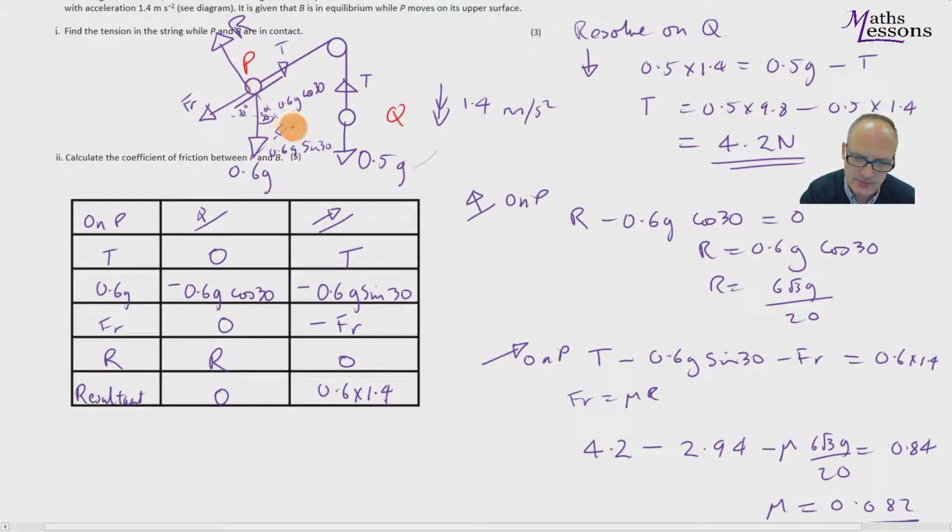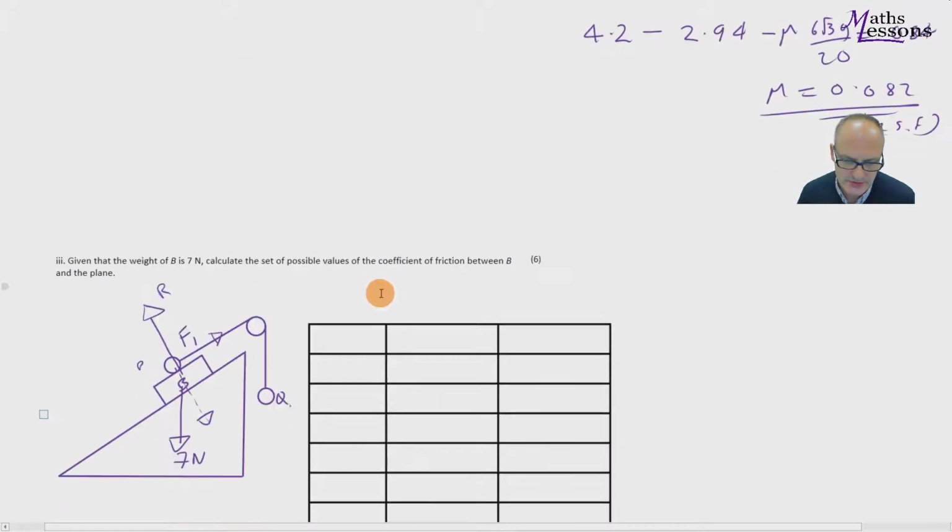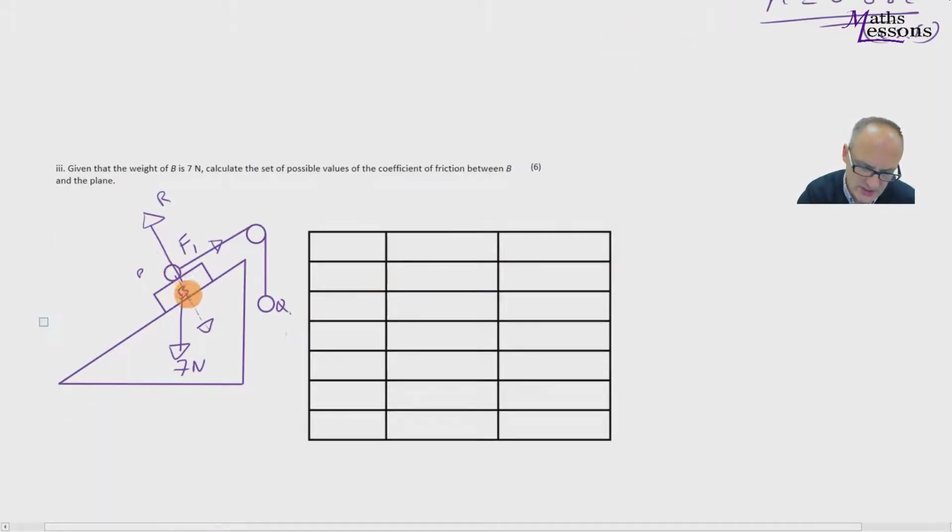That was the weight of P acting in that direction, because it's only the contact amount that counts. The bit that goes this way does not affect B. It's only the frictional force that's pulling up that affects B. So we get 0.6 g cos 30 going that way.